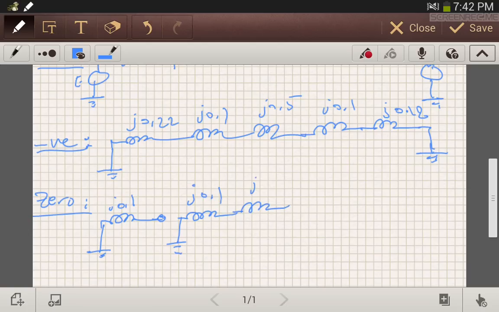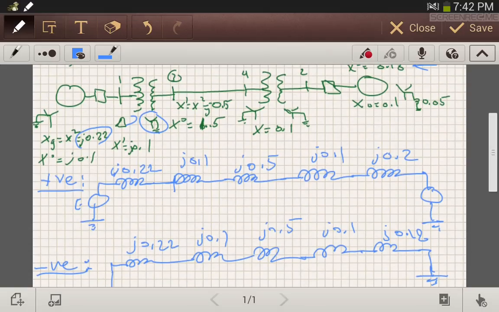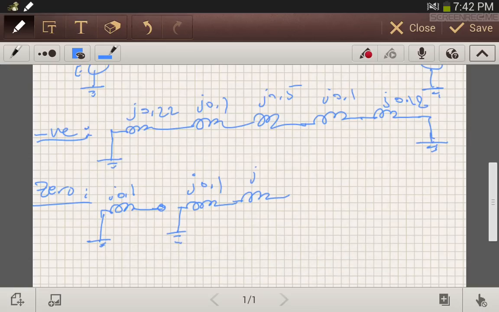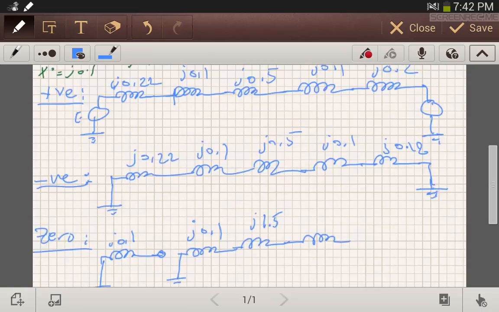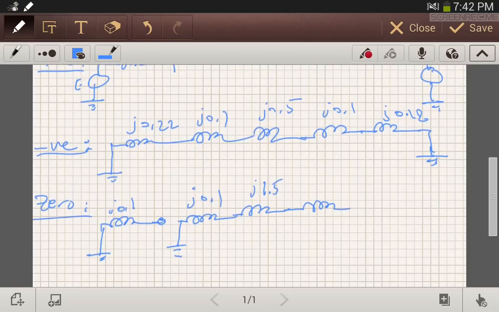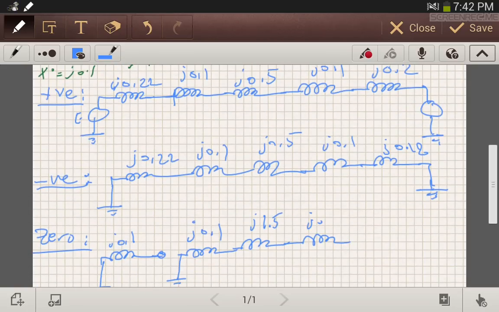Then for the transmission line, it's J1.5. Then for the second transformer, since it's solidly grounded from both sides, it will be in series, J.1.